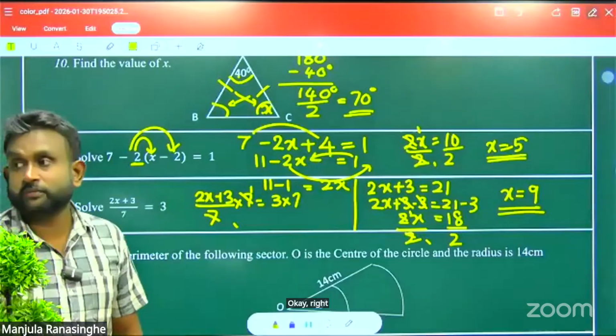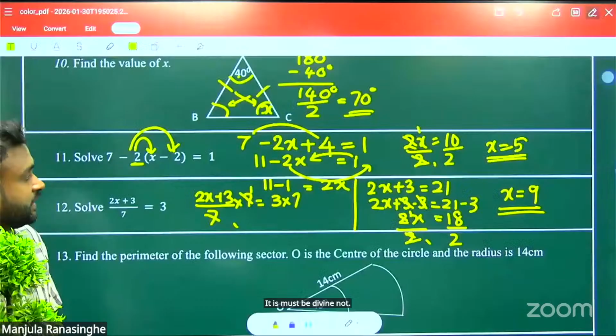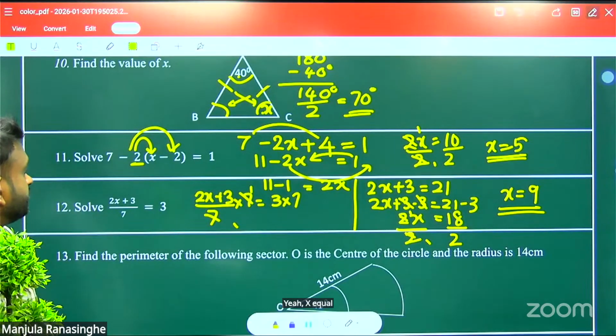Ask the question again. So in the 11th question, you got the answer x = 5, no? Yes. I've got the answer x = 6, because with 2x, that means it is multiplied, so it must be divided, no? Yeah, x = 5, the 11th question.